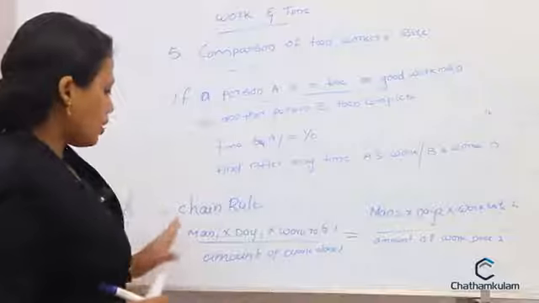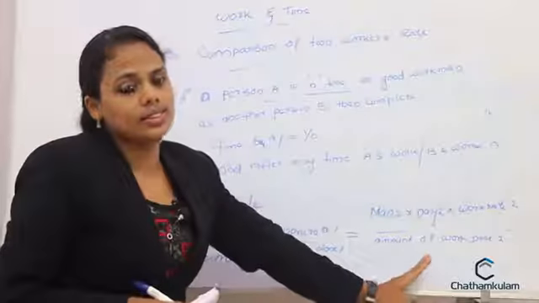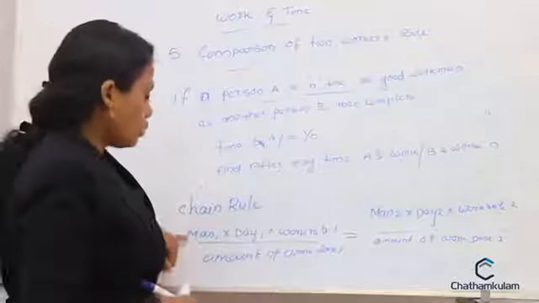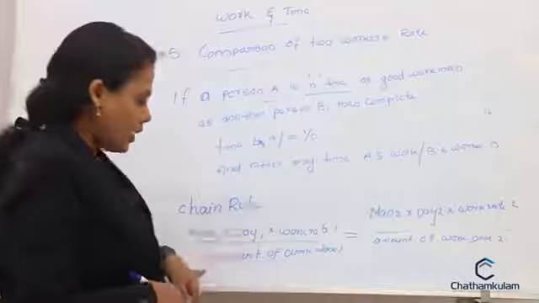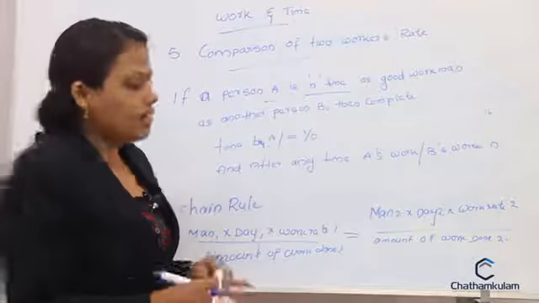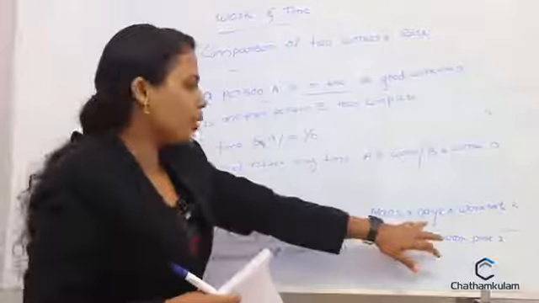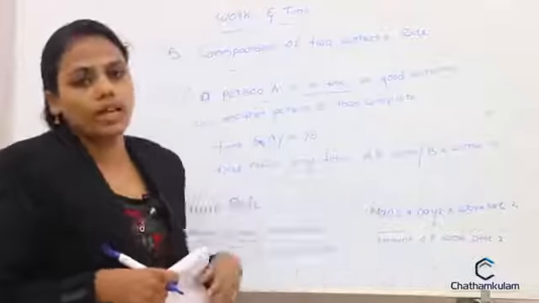So here, one person's work is equal to the second person's. How are we calculating? When we take man 1 and day 1 and work rate divided by amount of work done, we have to equate it to the second person, man 2 into day 2 and work rate divided by work done by 2.